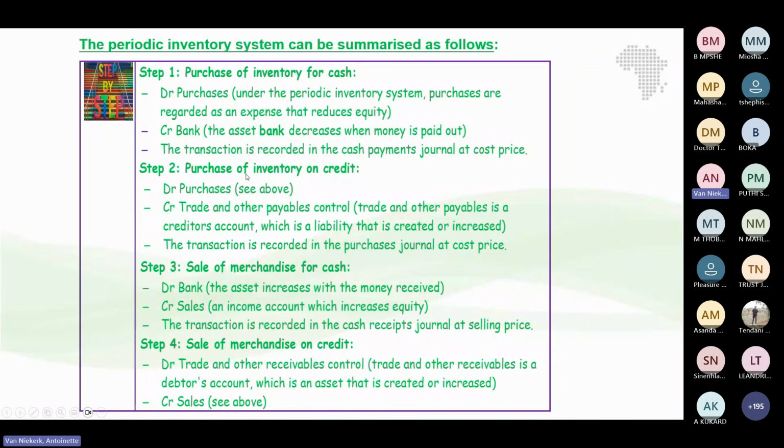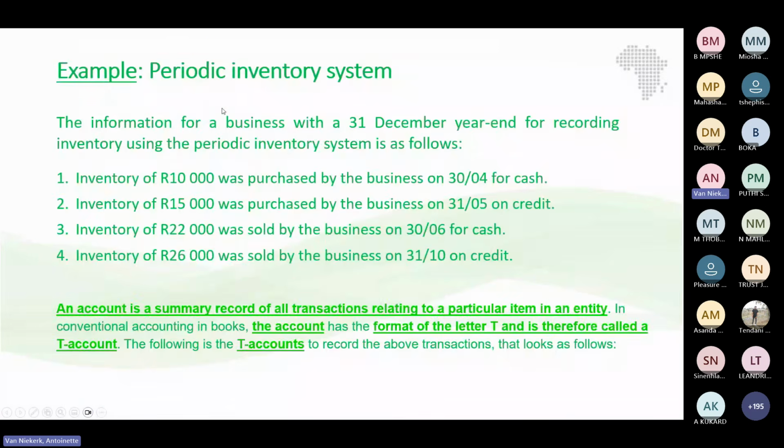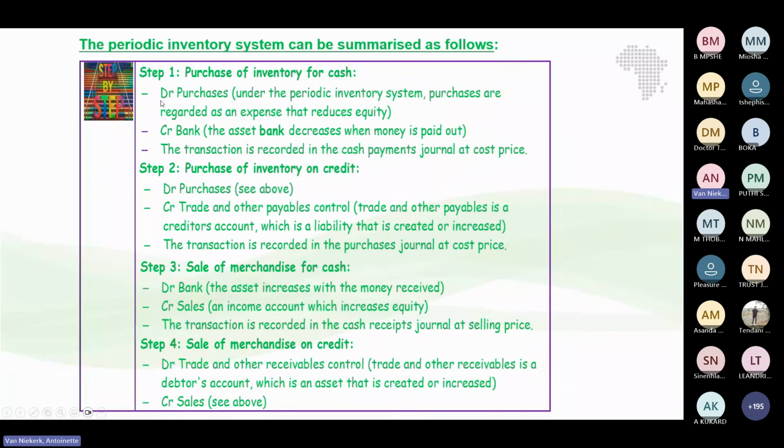Now, purchase of inventory on credit. Purchases will be just as above. Remember, you still purchased inventory, meaning that your purchases account will increase. Your purchases is an expense, so it will increase on your debit side.